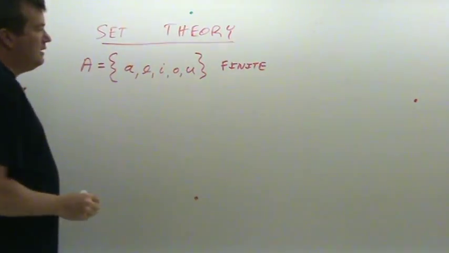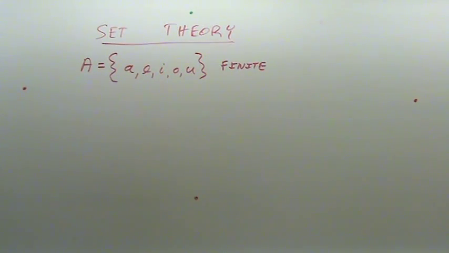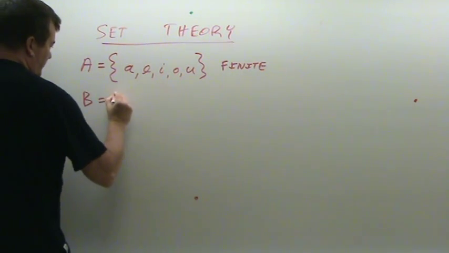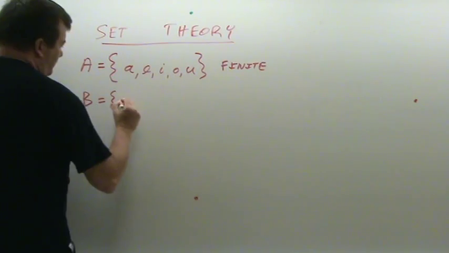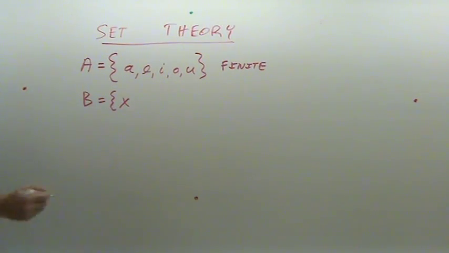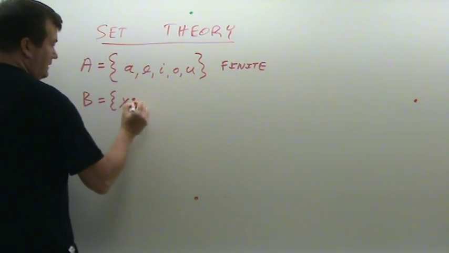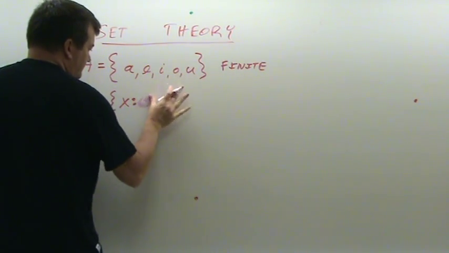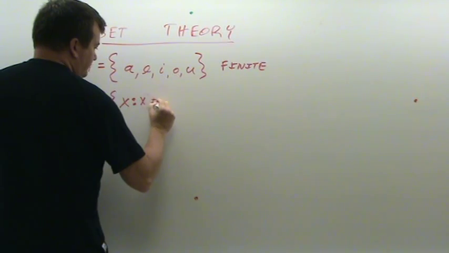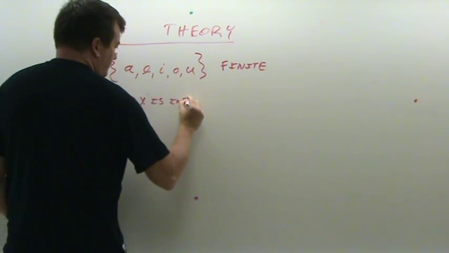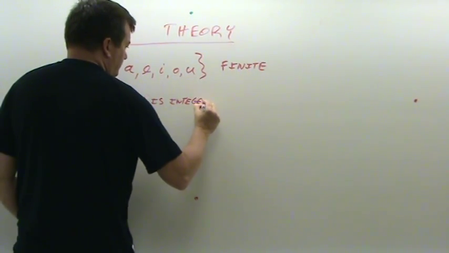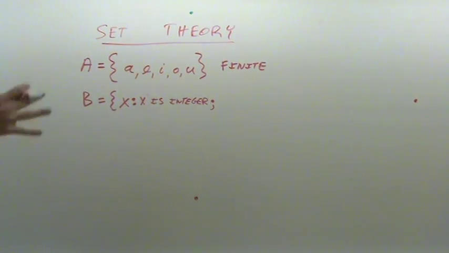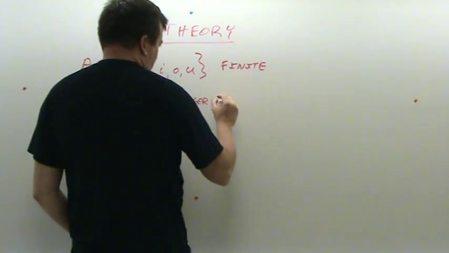finite set. We could also represent an infinite set by doing something like this. We could say B is equal to all x's such that x is integer, and sometimes a semicolon means "and", like I'm going to make a list of conditions.